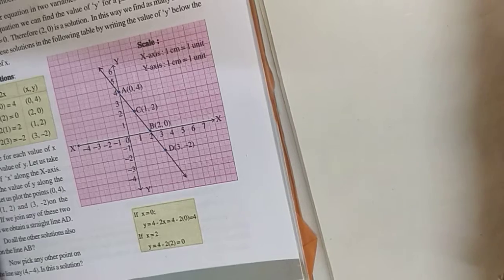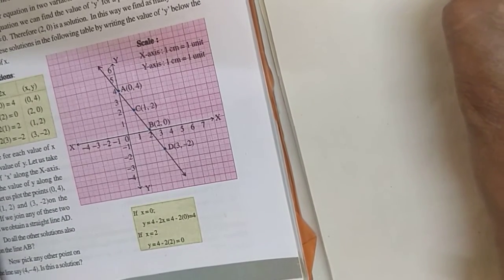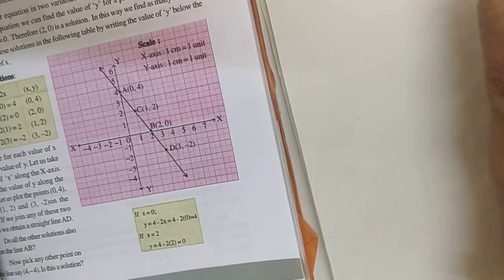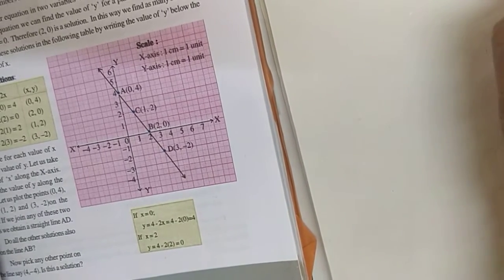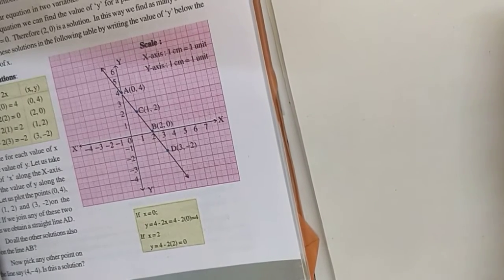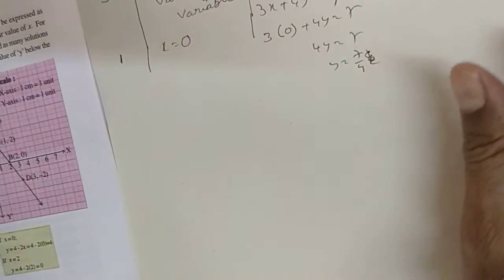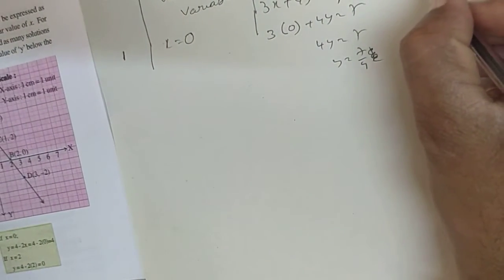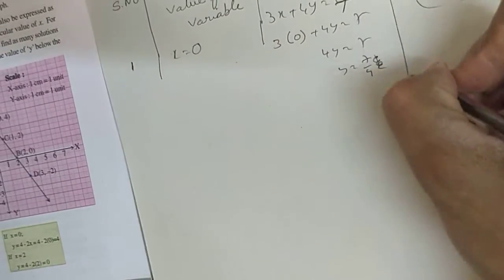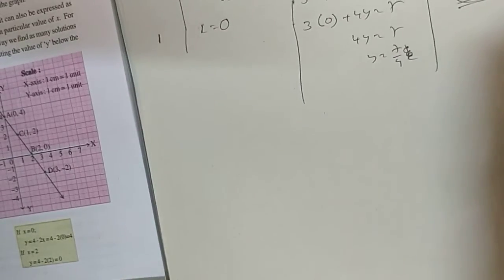In place of x I am writing 0, so 4y is equal to 7, y is equal to 7 by 4. And for the solution, I have to write x first, then the y value: 0 comma 7 by 4. So 0 comma 7 by 4 is one solution.